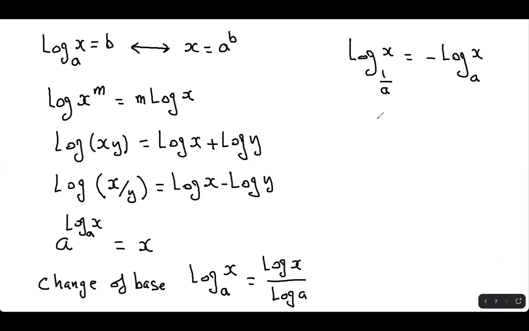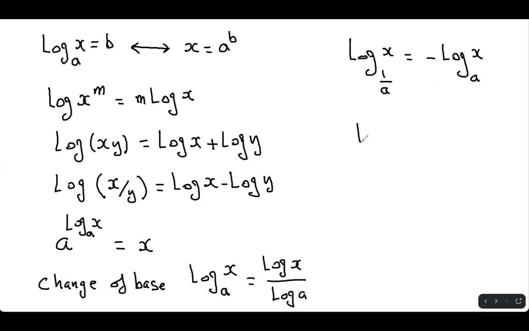I could prove that to you later if you want me to, but for now, just remember, if the base is a fraction, you could change it to a whole number, and then you put a negative right here, and that's allowed. And I could show you later on how that is.